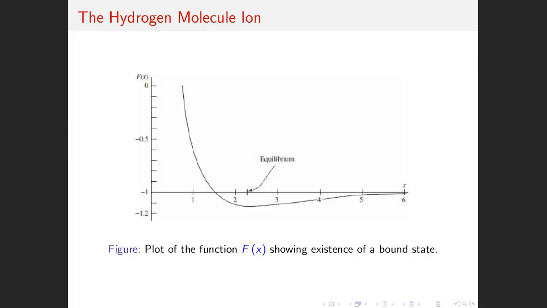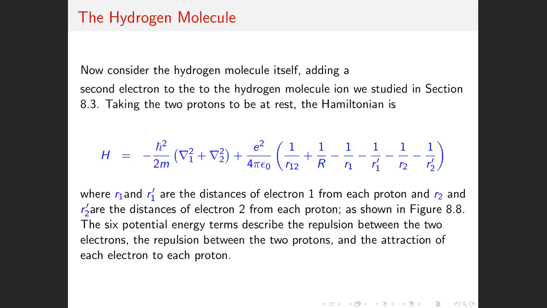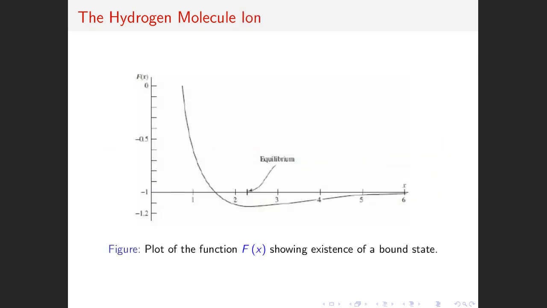So there is some state where your system becomes a bound state, and by just using that function you can also check where this minimum occurs. You can find that, and you can compare these with what you get from experimental data.